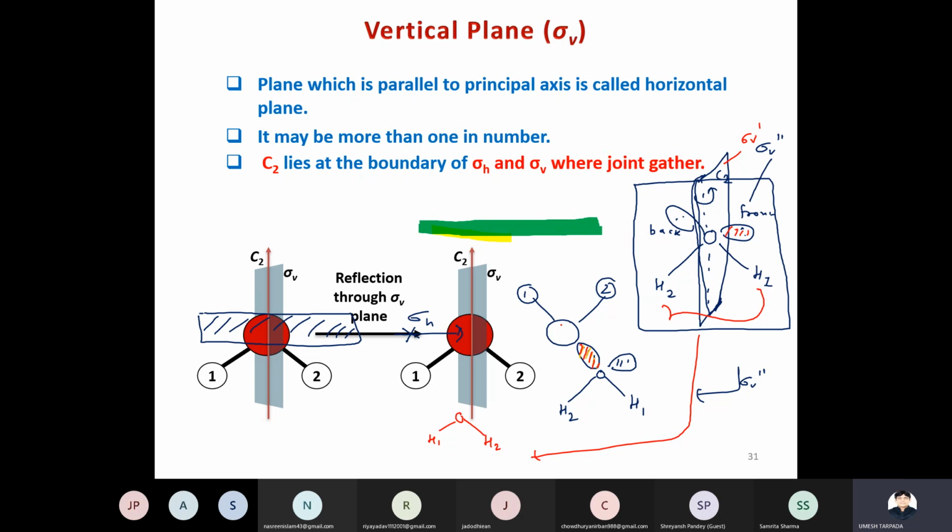One and two can change their position. In BF3, 2 and 3 can change their position.